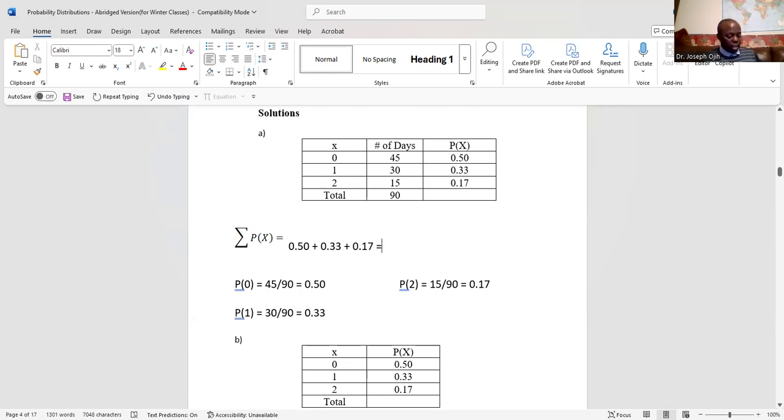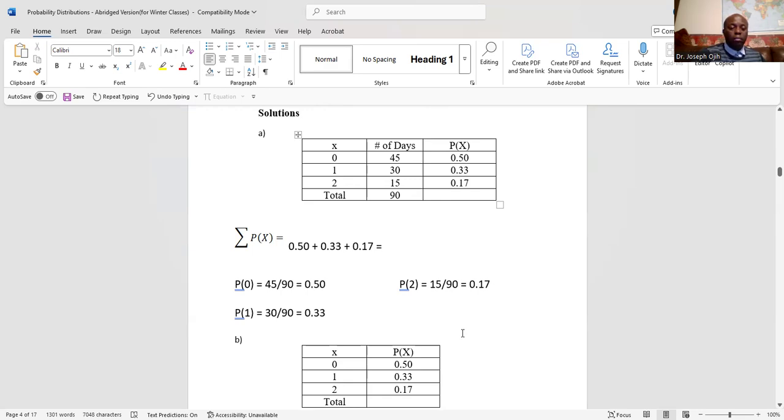Let me write this down and then we can add it. 0.50 plus 0.33 plus 0.17.